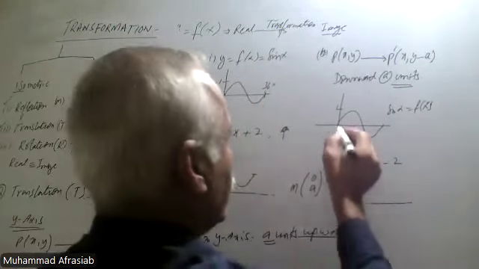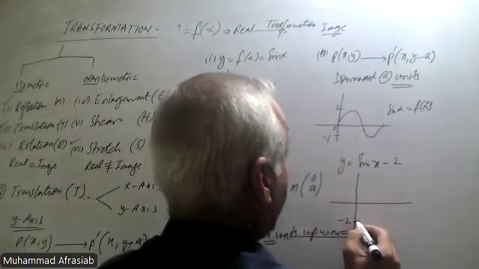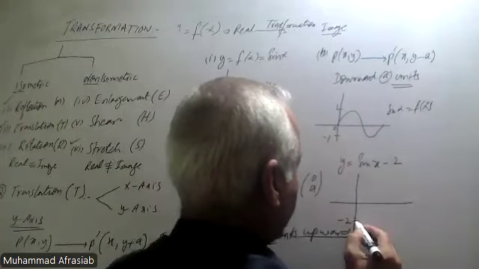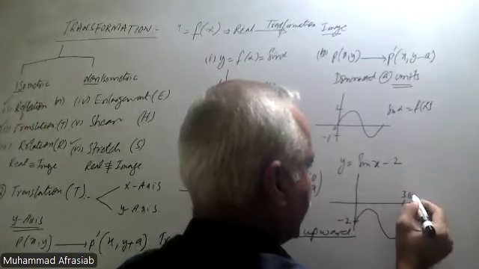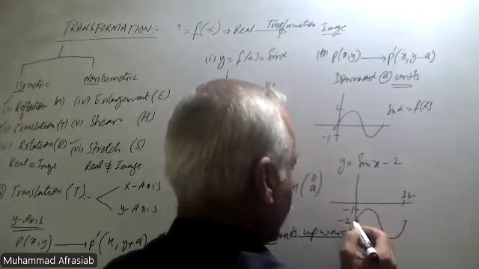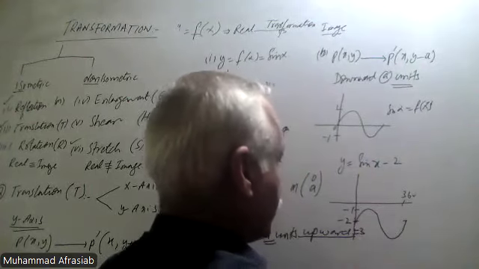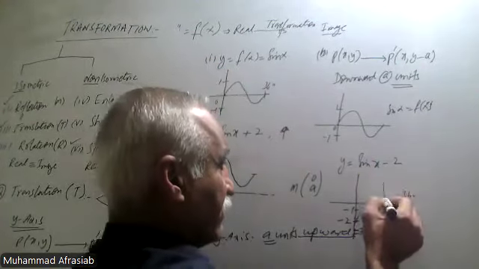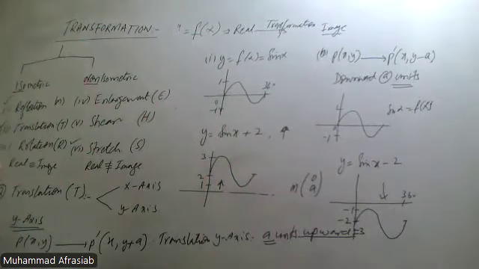So here it is 0, that value will become minus 2. And this 1 will become minus 1. So up till the same 360 degree, and this minus 1 will become minus 3. So the whole graph is 2 units downward to this graph.